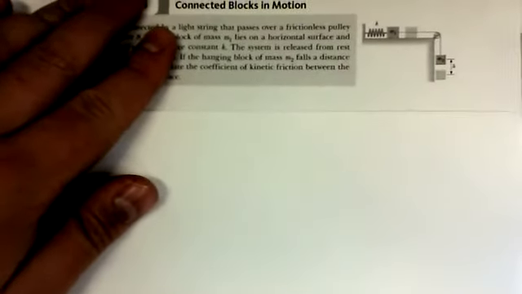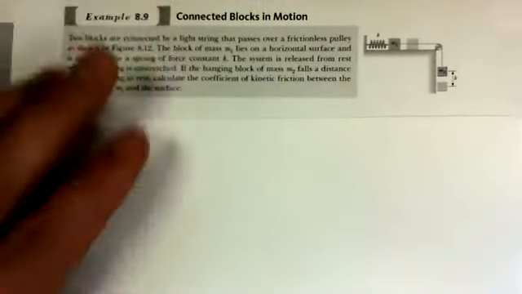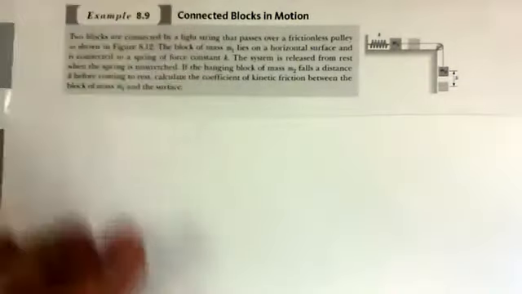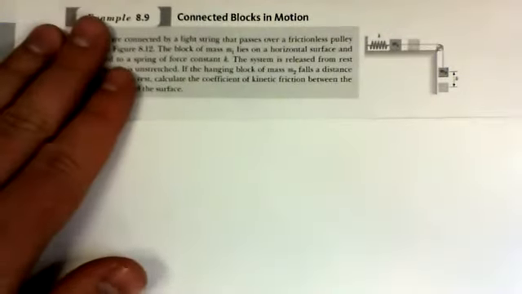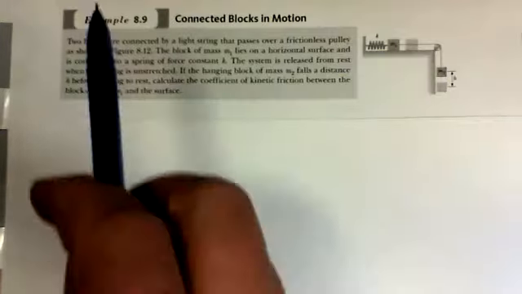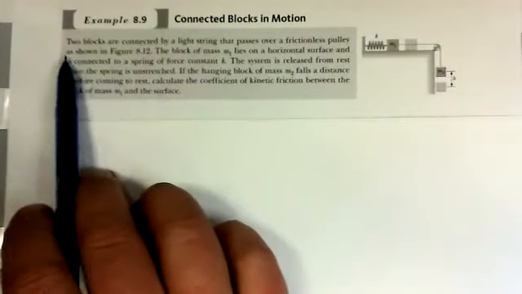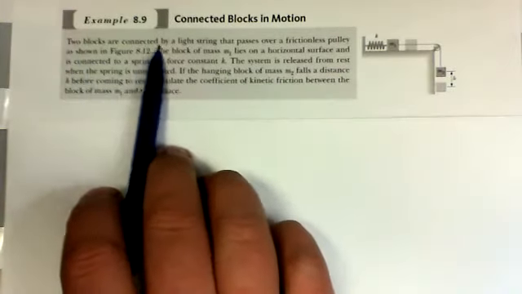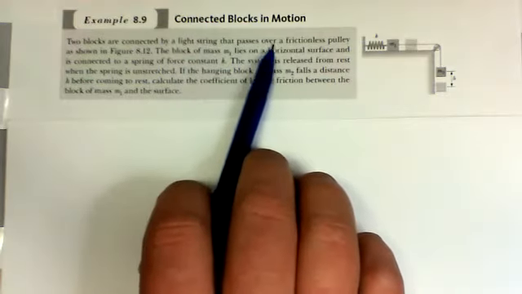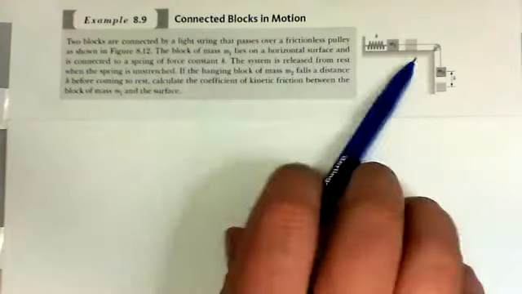Let's solve the last problem for today. You can read this problem by downloading this document from the mail, because here it is not easy to see, but I will read it aloud. Two blocks are connected by a light string that passes over a frictionless pulley as shown in the figure.